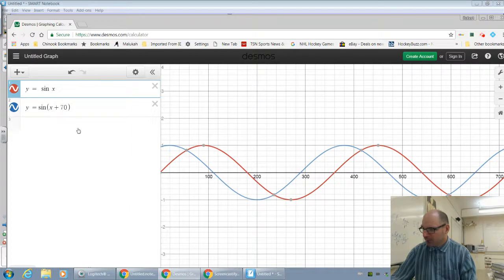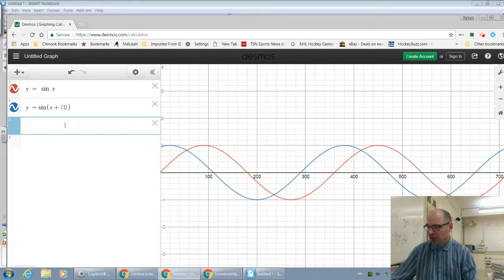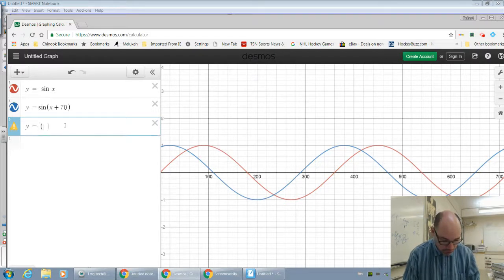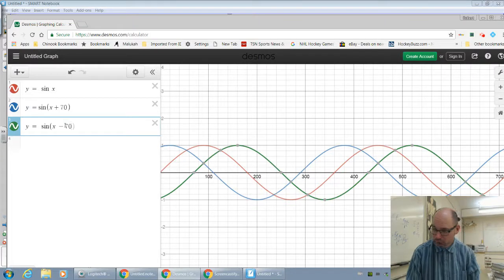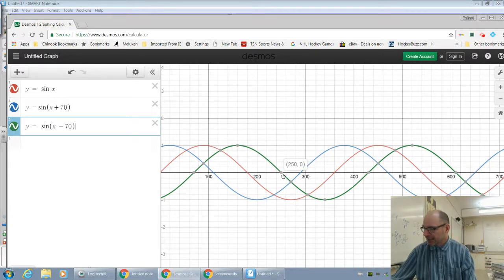Okay. What if it's negative? Let's do y equals sine of x plus, minus 70 in brackets. I'll do the sign first. Okay, so you can see now the green one has actually moved up 70 degrees.